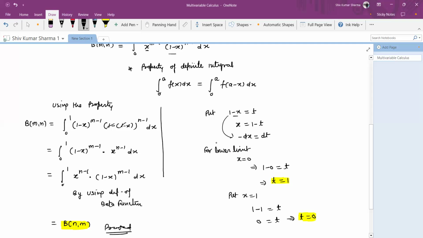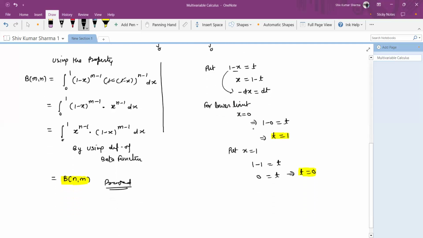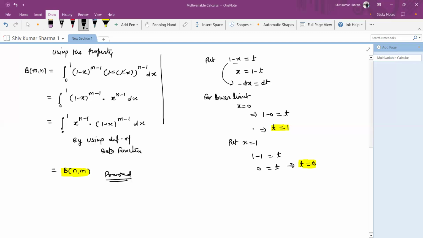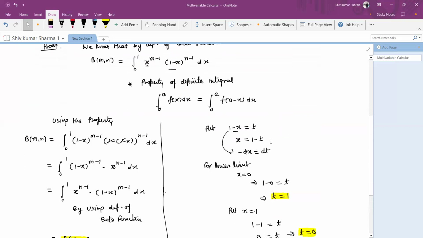Now, when we use the substitution, that means we have put 1 minus x is equal to t. So we move to the integral. The integral limit should be 1 to 0, and the first term is x raised to the power m minus 1.